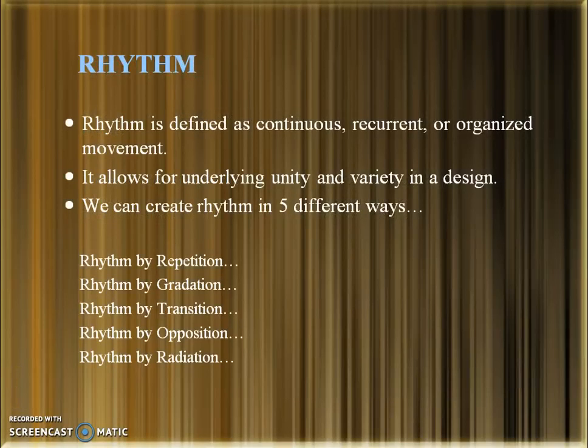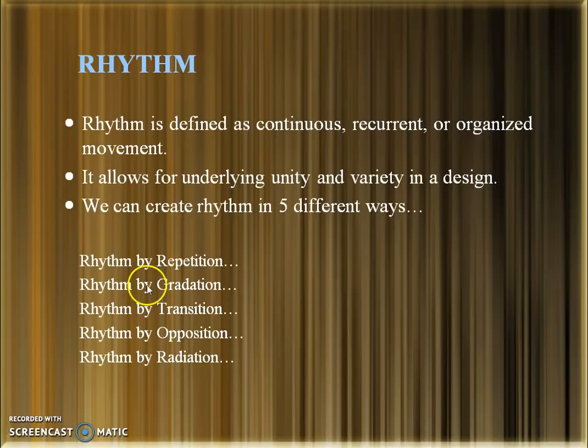The next is rhythm. So what is rhythm? Rhythm is defined as a continuous, recurrent, organized movement. You can compare it to the rhythm in music, in which it goes from one beat to another in a systematic manner after repeated intervals of time.